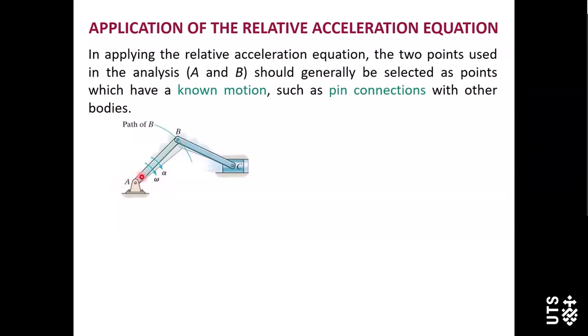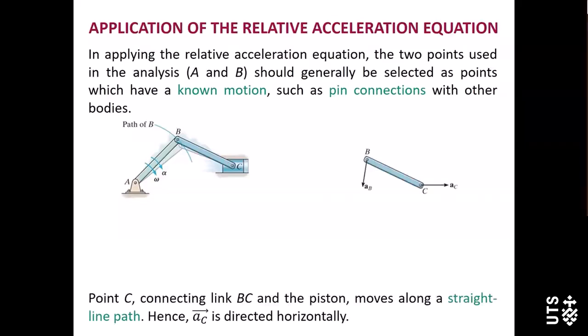This one is undergoing rotation about a fixed axis through point A. And the piston, rectilinear translation. Link BC is undergoing general plane motion. So focus on this link BC.